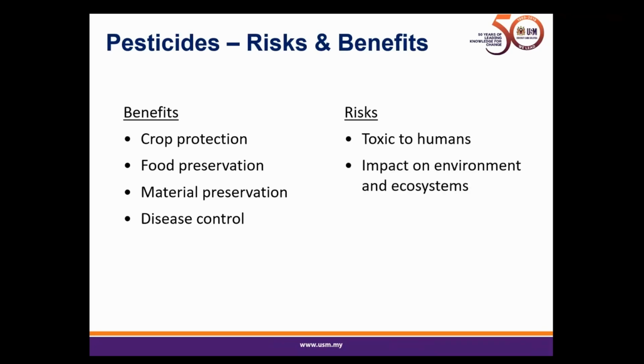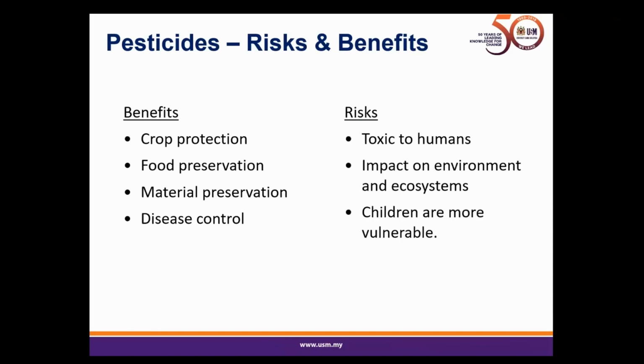And because of that, there is also an impact on the environment and ecosystem. For example, if we put this herbicide for specific weeds, but the crop that we plant has the same enzyme system as the weeds, then of course both the crop and the weeds can be killed.